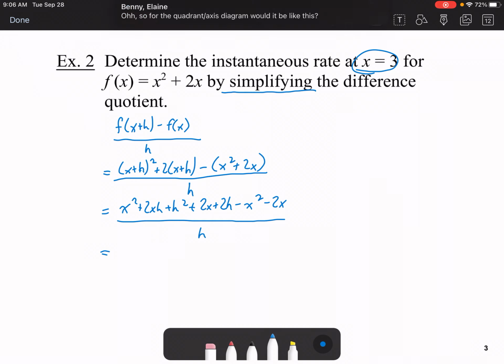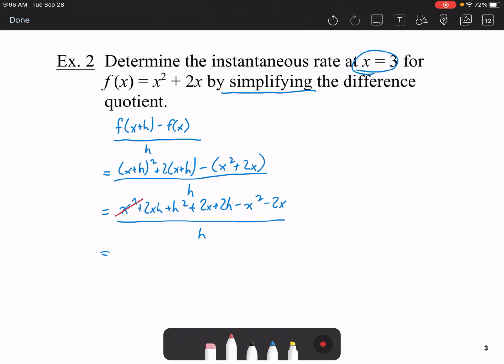If you do this properly, you'll notice that the x squareds cancel out. Same thing with the 2x's. So everything remaining should have an h in it. Now you can cancel out the h from the numerator and denominator, realizing h can't equal 0.